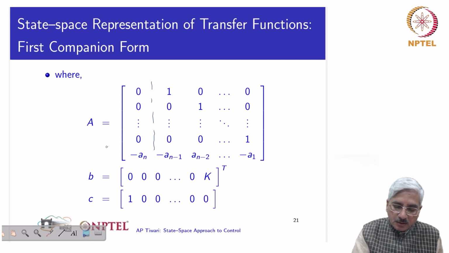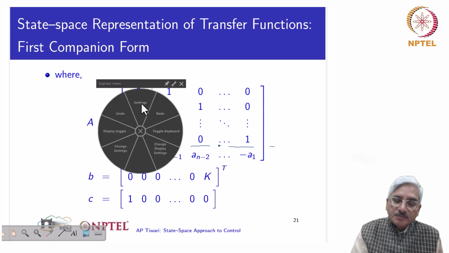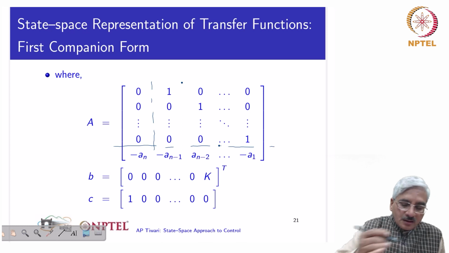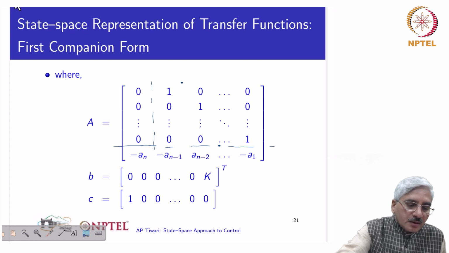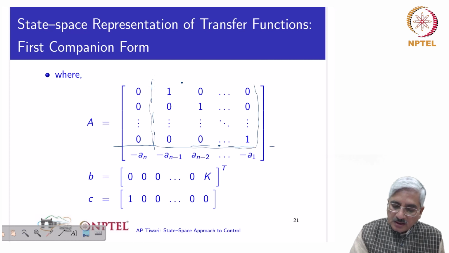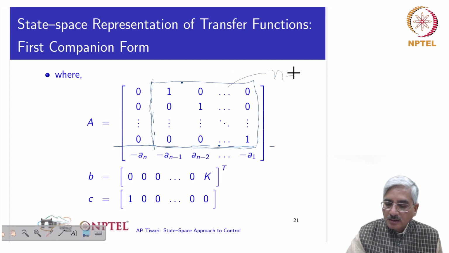If we look at it in this way, then we see that its first column contains 0 for elements 1, 2 up to n minus 1, and the remaining n minus 1 by n minus 1 matrix, which is here, is an identity matrix. This is an n minus 1 by n minus 1 identity matrix.